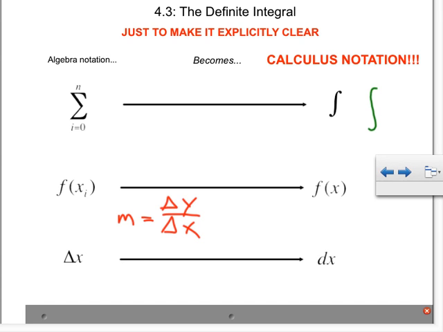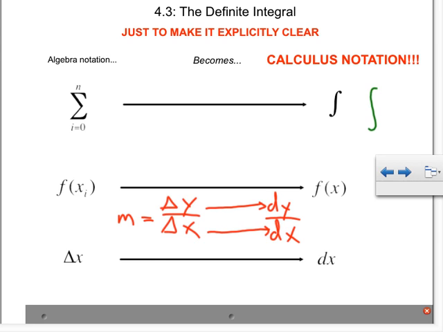Have you guys seen that before? Now in calculus, what symbol do we use to represent slope? dy dx. In both instances, do you see how the delta y in algebra becomes the dy in calculus? And the delta x became the dx in calculus as well. dy and dx mean infinitely small changes in y and x.